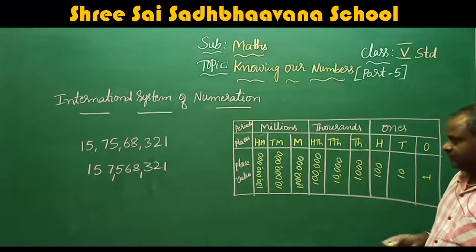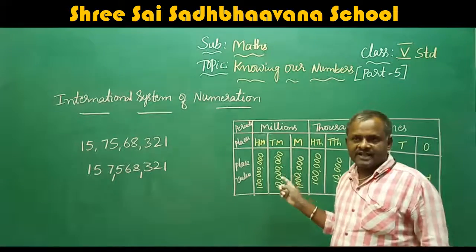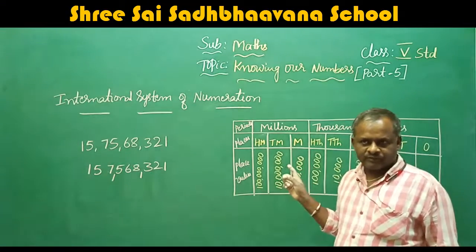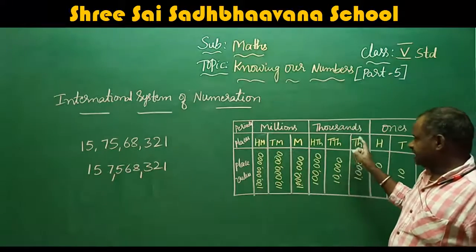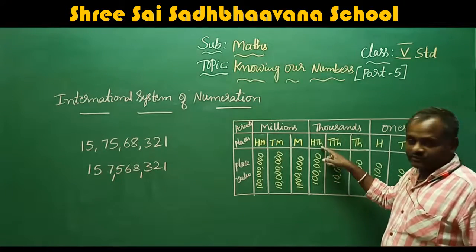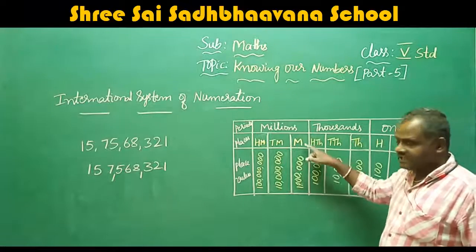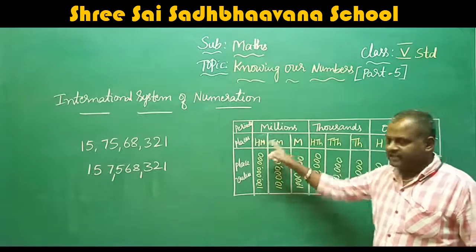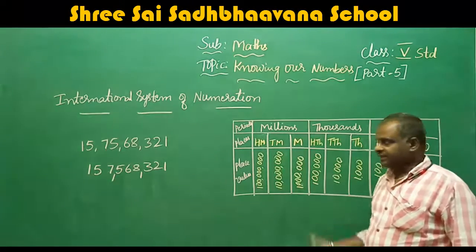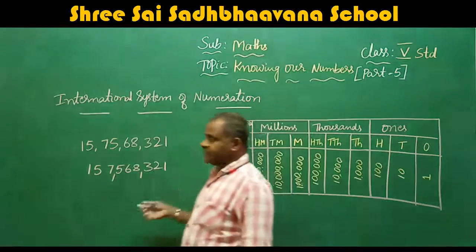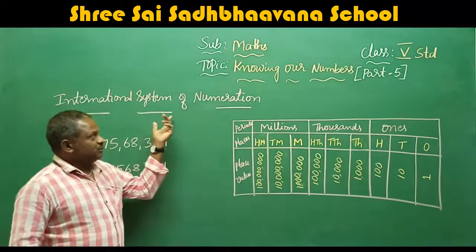I hope you understand. Here there are no lakhs or crores. Here 1,000, 10,000, 100,000. Next is million, 10 million, 100 million. This system is called the International System of Numeration.